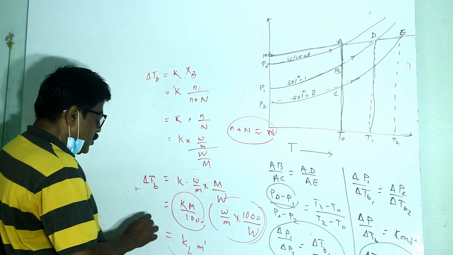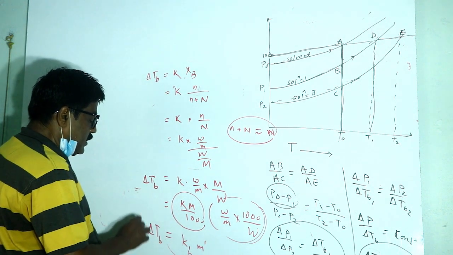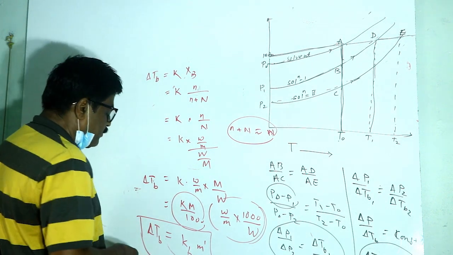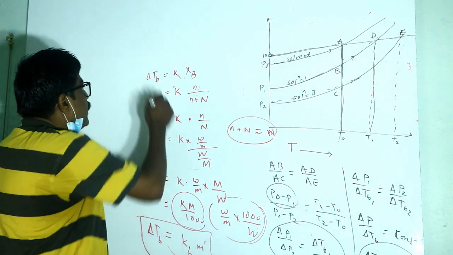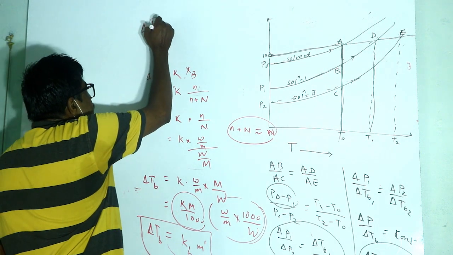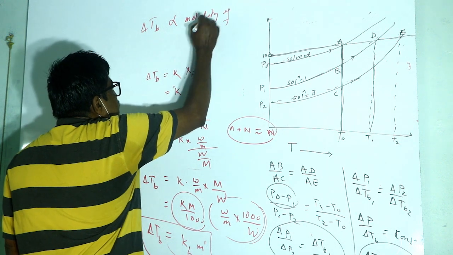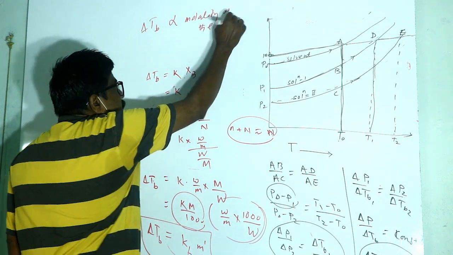So here del Tb is equal to Kb into M dash, elevation in boiling point is directly proportional to molarity. So you can write del Tb proportional to molarity of the solution.